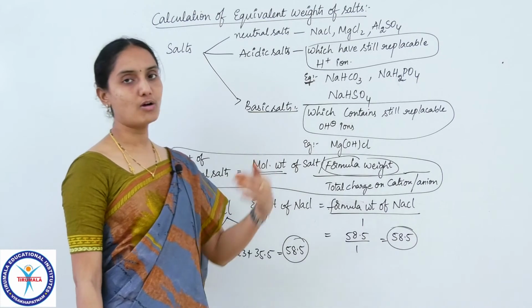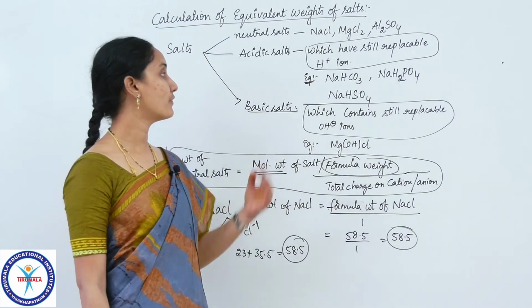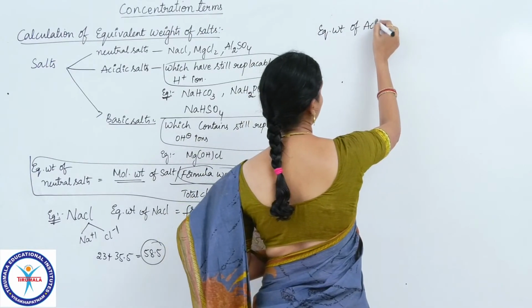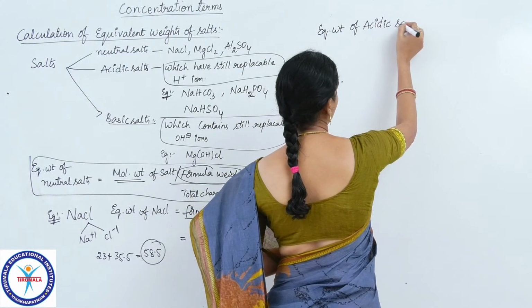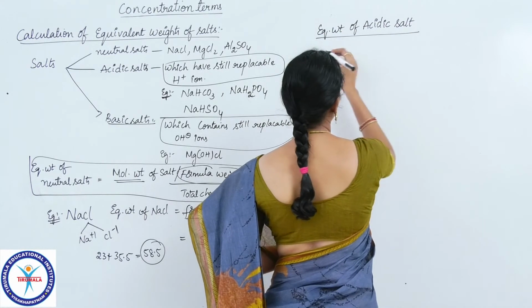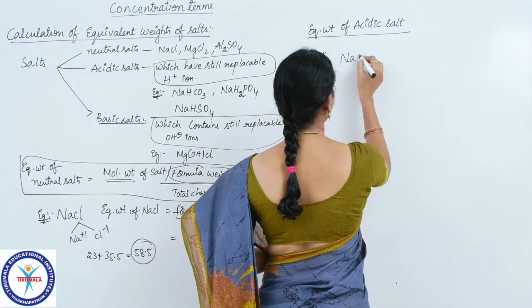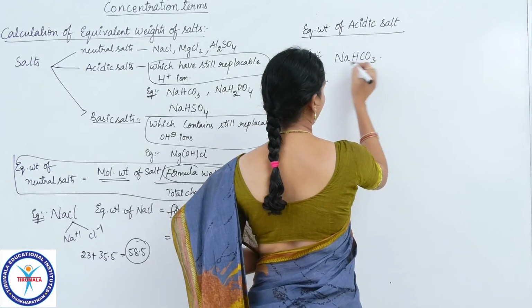Now let us see how to calculate the equivalent weight of acidic and basic salts also with one example. Acidic salt, let us take NaHCO3.